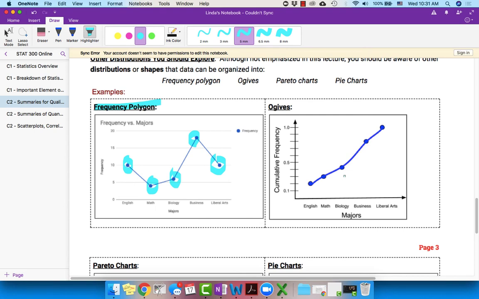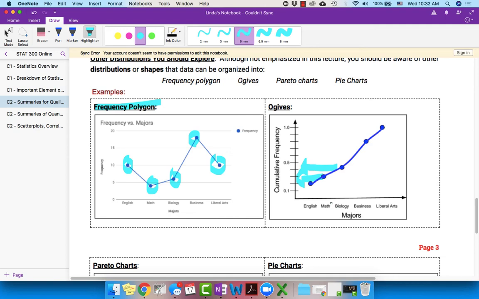So we plot math near the 0.3 mark, right here. And if we add 0.125 for biology, then the total is 0.416, and we plot biology a little bit over 0.4, and so on.